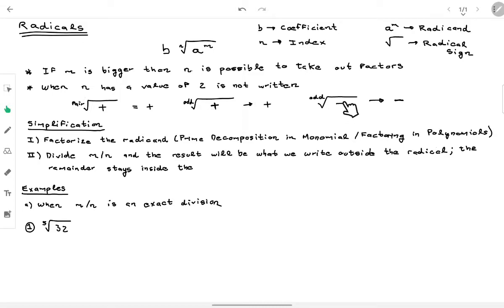What happens when we have an odd power but for a negative expression? It's possible that it's going to be a negative answer. Why? Let's see an odd number, number 3, for example.